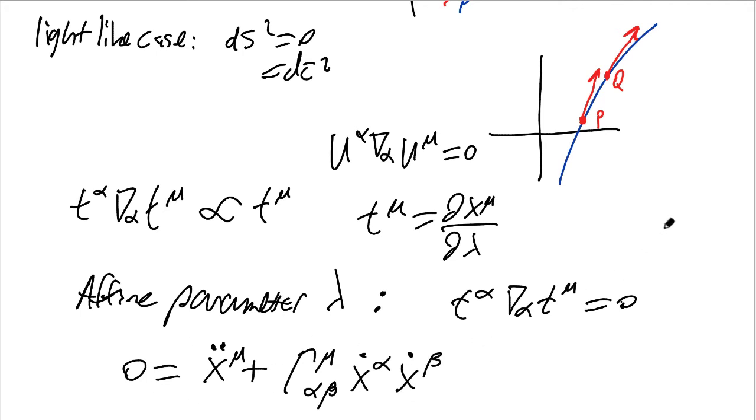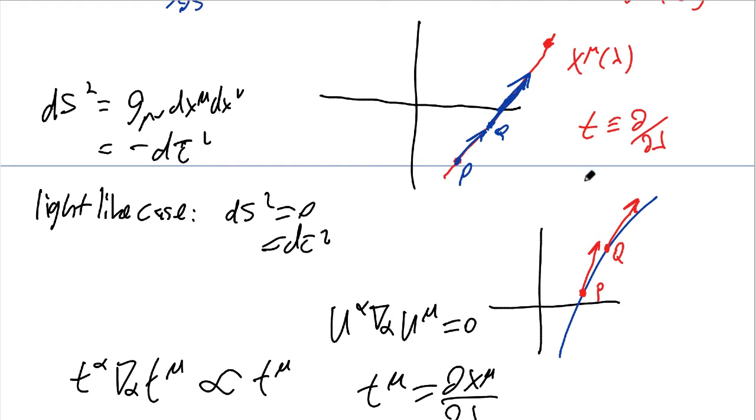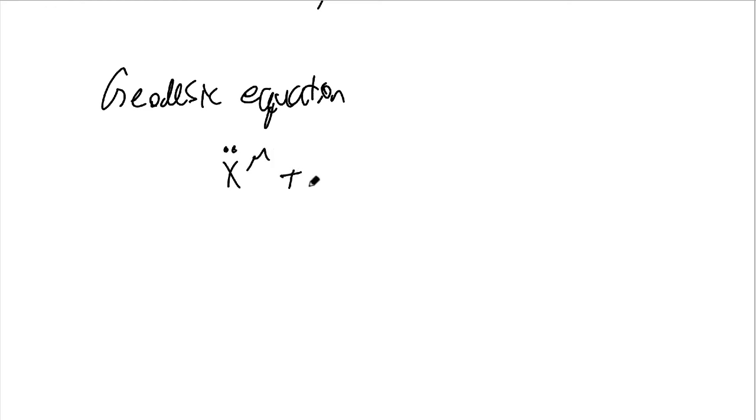So again, this is the geodesic equation, but in this case, the dot is d by d lambda, and this is a set of differential equations for the curve x mu of lambda. So from a mathematical point of view, we just have one equation. It's the geodesic equation: x double dot mu plus gamma mu alpha beta x dot alpha x dot beta equals 0.